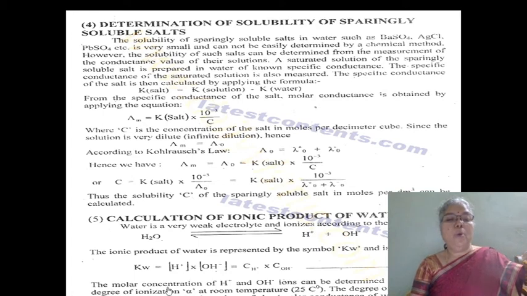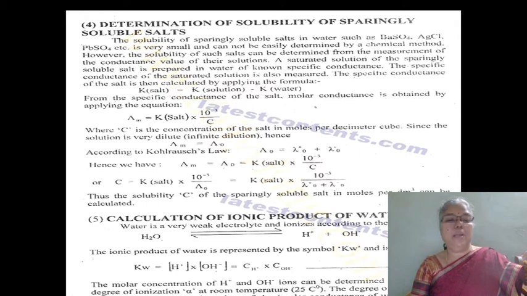Then the molar concentration of H plus and OH minus ions can be determined by finding the degree of ionization alpha. I repeat, here the molar concentrations of H plus and OH minus ions can be determined by finding the degree of ionization alpha at room temperature.